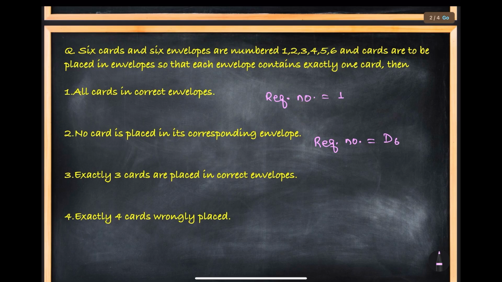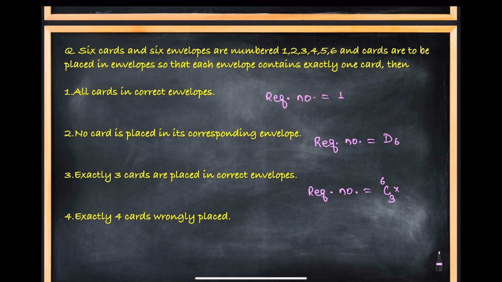Now look at this. Exactly 3 cards are placed in the correct envelope. Okay, so 3 cards in the correct envelope and 3 cards in the wrong envelope. So what I will do, first I will select 3 cards which have to be placed correctly. There are 6 cards available, out of which we will be selecting 3. So 6C3.